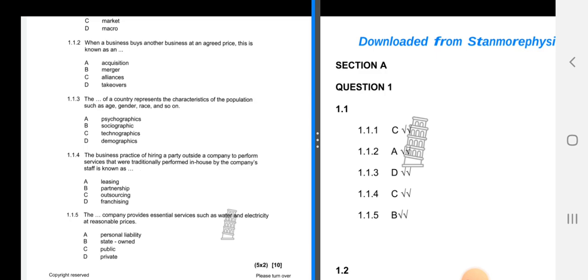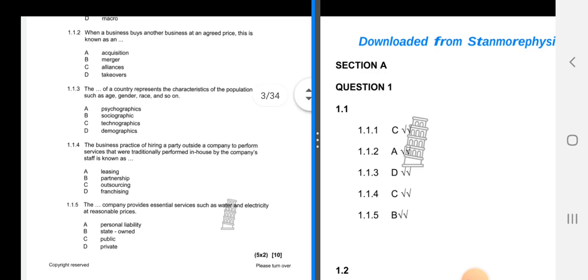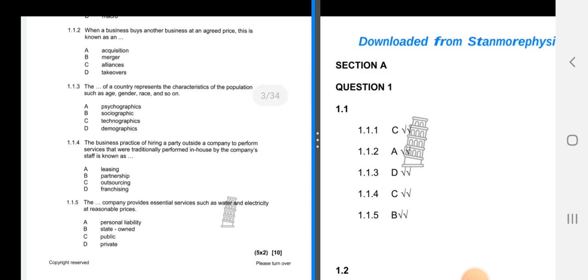They just formed a relationship in order to strengthen their bonds. Or sometimes, like an ice cream company may form an alliance with a coffee company, so that the customers who buy the coffee there can also buy ice cream from the other. Yeah, that's how alliances are. Takeovers is when a company takes over another company.